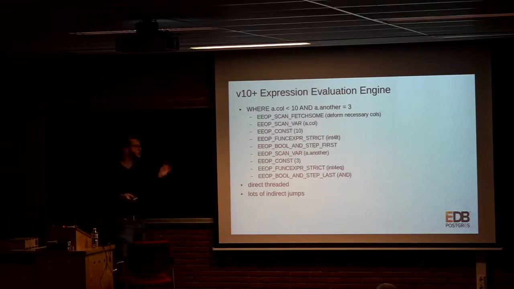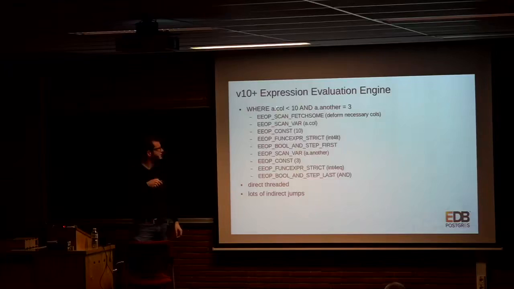If we do that together, it's faster, so we do that once for the whole expression. Then we need to get the value of that column, then evaluate a constant, which is pretty simple, in this case 10, and then we need to evaluate a function. The function here is int4lt, because we assume this is an int4, a 4-byte integer, and int4lt is int4 less than, and that's how this gets evaluated.